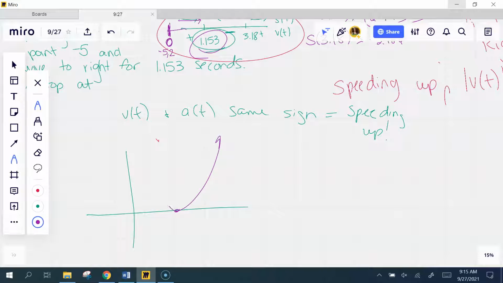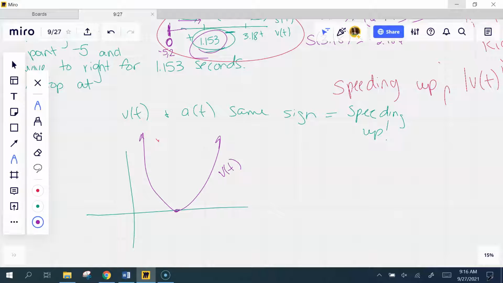If it never crosses, it's a tangent. If the vertex is sitting there at the zero, it rests right there, but then it picks right back up. If this is velocity, then the velocity is always positive, which means it's always moving to the right, but it does stop to rest.